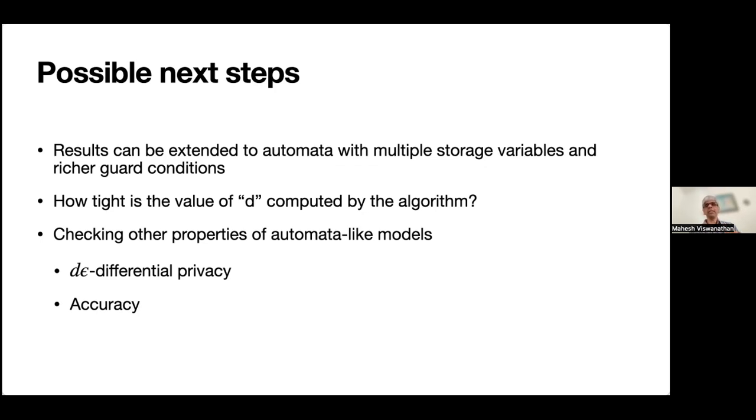And lastly, in differential privacy, as I mentioned, you trade accuracy for privacy. So when you come up with an algorithm, you'd like to not only prove that it's private, but also that the values it outputs are still close to being the right values. So you could try to see how to check accuracy of algorithms as well. That's an area of interest that is being actively pursued.